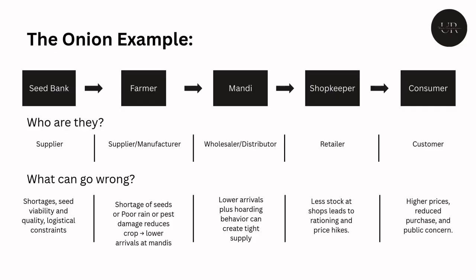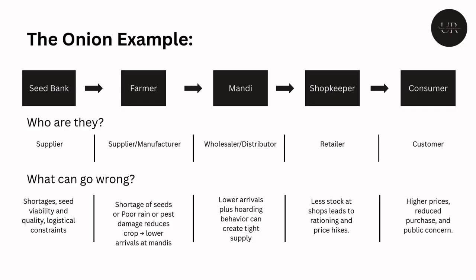The seed bank can face shortage of seeds. It can also face challenges like seed viability and seed quality issues. The logistical constraints are always there since India has a huge population.